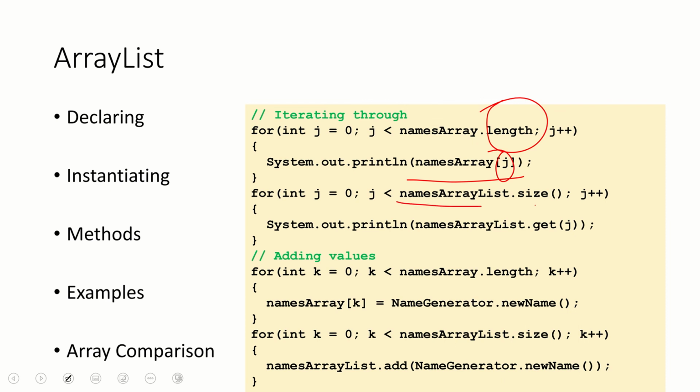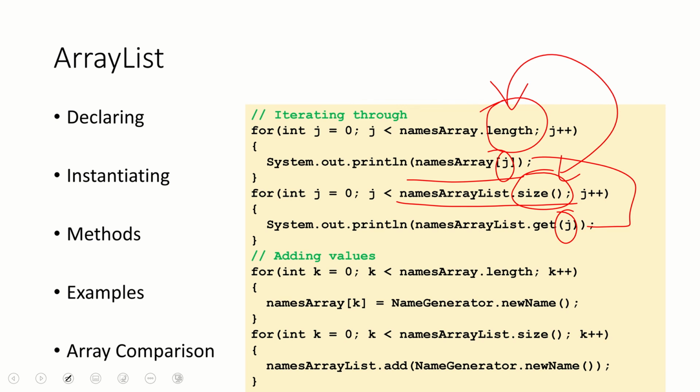For the array list it is different. We use the method size to return the actual number of elements occupied with values. This part is very similar, but you need to know the difference between the size and the capacity.